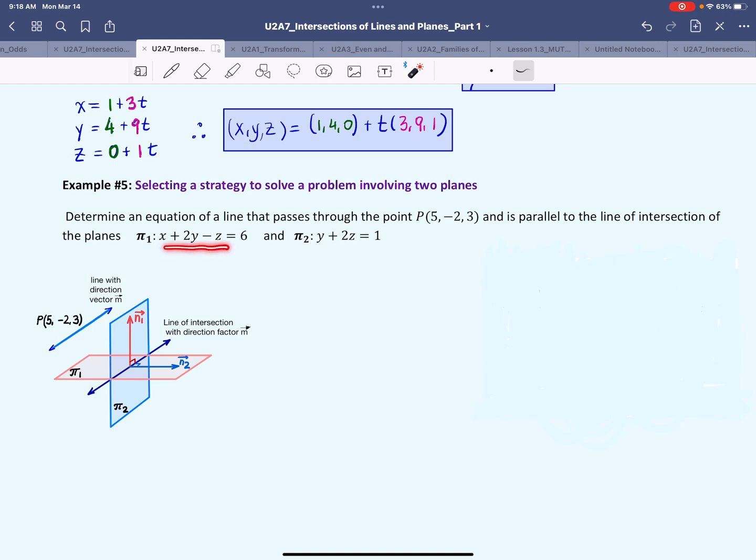The equations of each plane are given in Cartesian form. As you can see here, we have two planes, pi 1 and pi 2, and they will intersect along the line of intersection. Now the line of intersection will have a direction vector m.